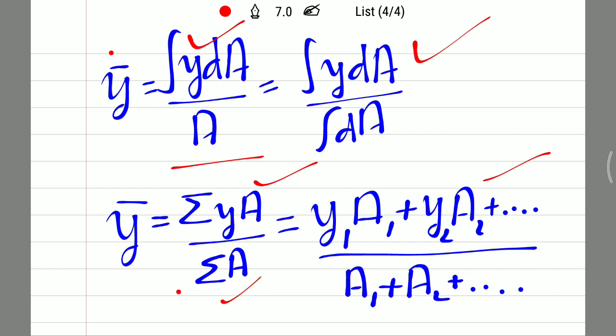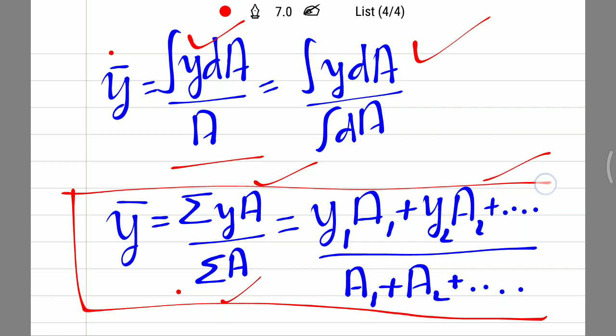When we are doing problems related to centroid, we will be using this particular equation.